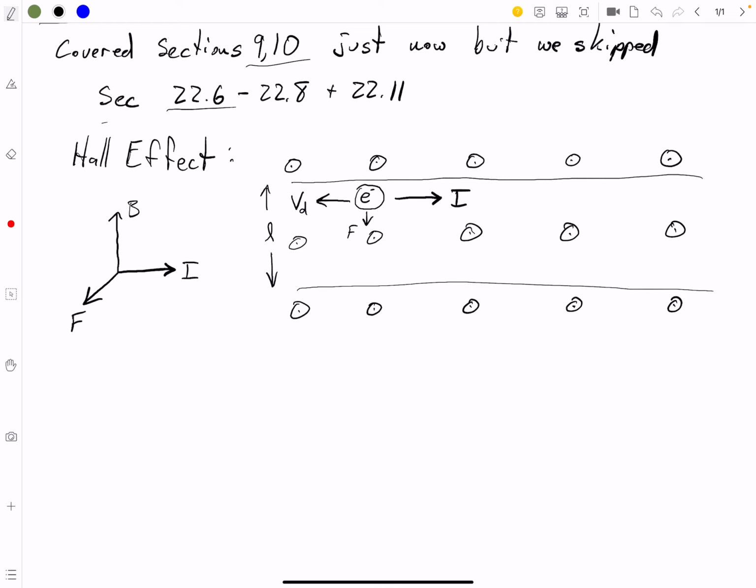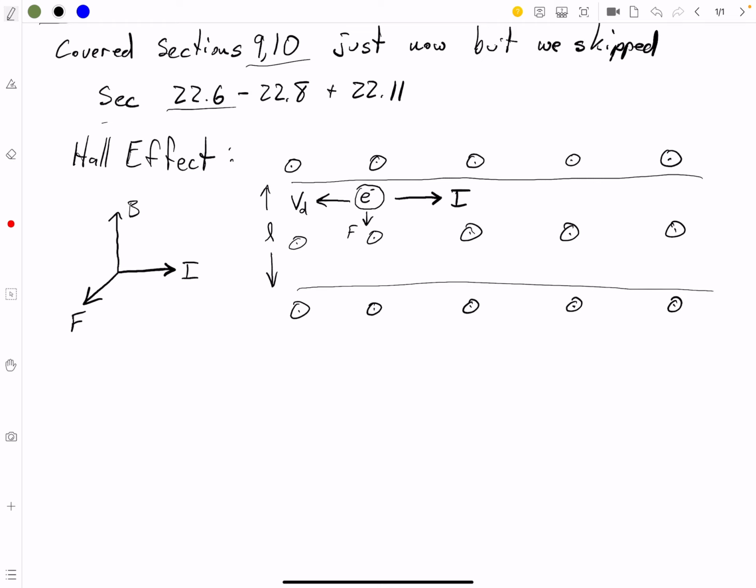So our force is forcing this guy. Here it is, an electric charge going to the left, but because of the magnetic field that it's traveling through, it's forced to go down.